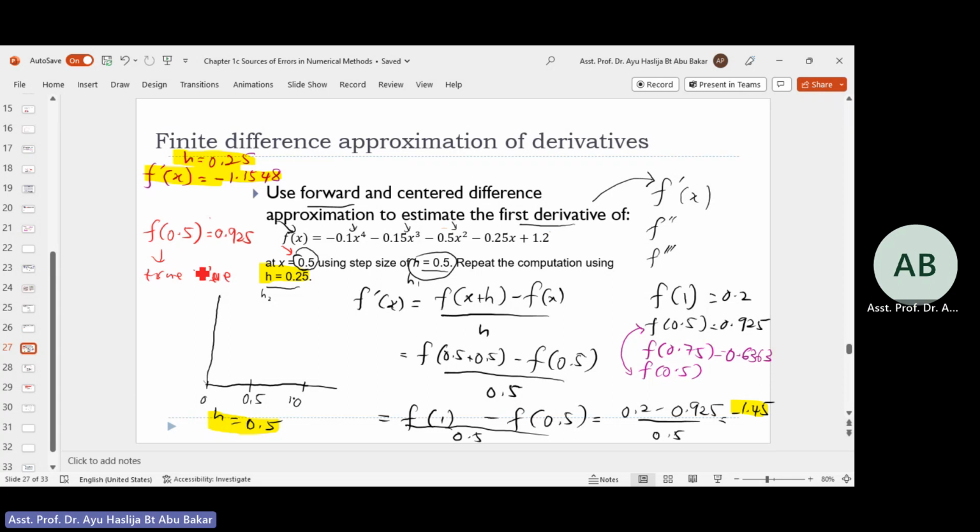That means using this value for h 0.5, and this value for h 0.25. So true value is this. True error for h 0.5, true error 0.925 minus this negative.